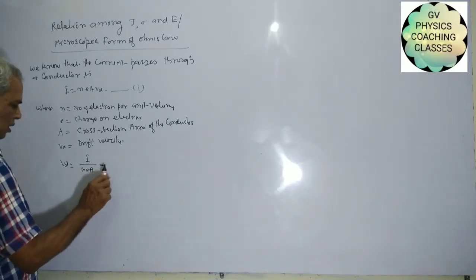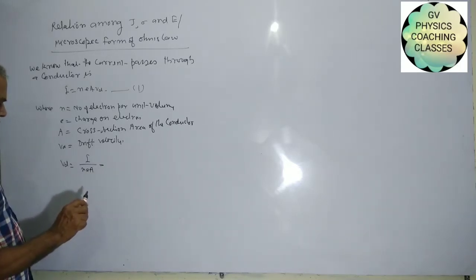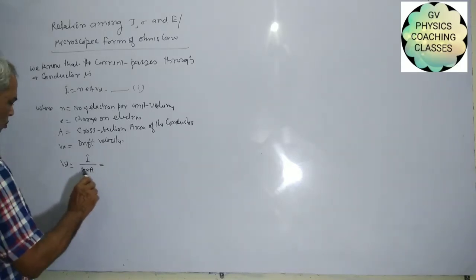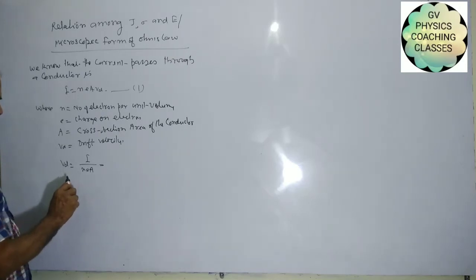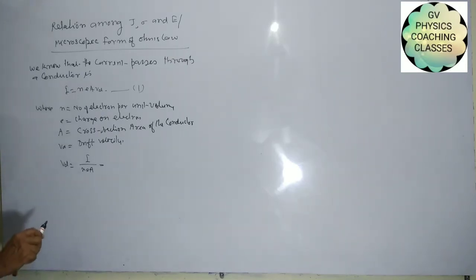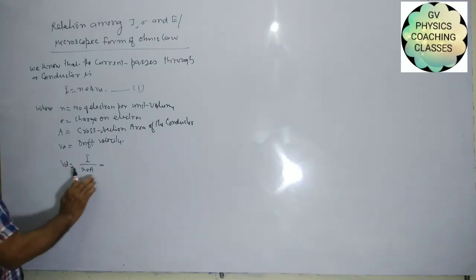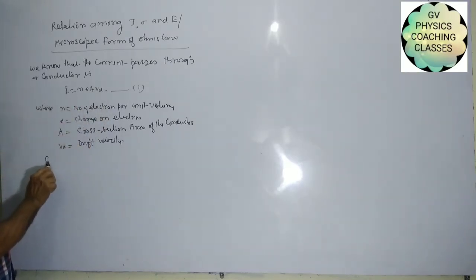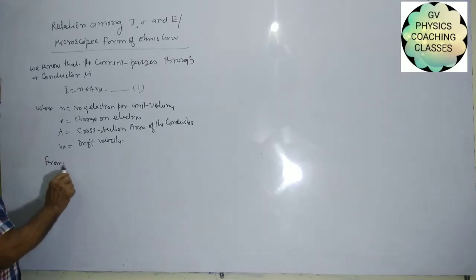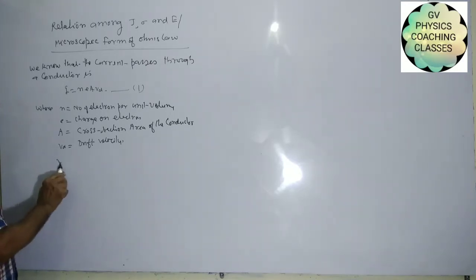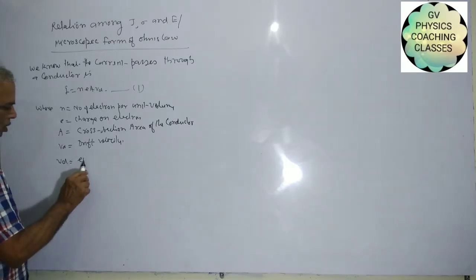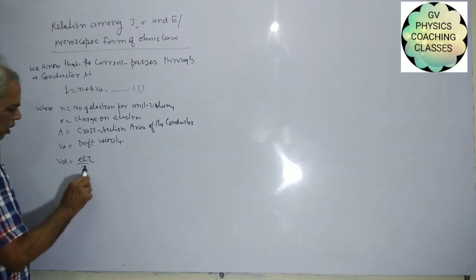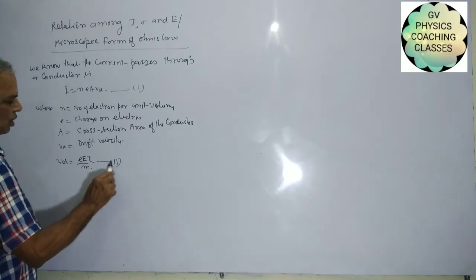Or we can write it from equation first. Vd is equal to e E tau upon m. This is equation second.